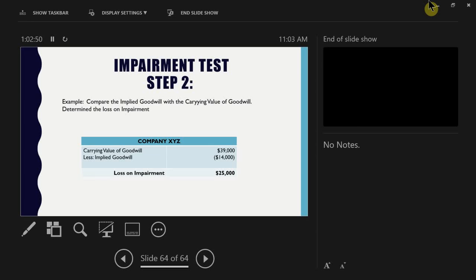Now, if you do swap out, or in this case, replace the value, if this loss on impairment is going to become your carrying value, then you need to make sure that once you've journalized the loss due to impairment, you can never undo it.